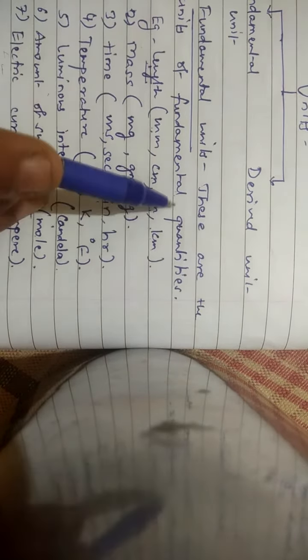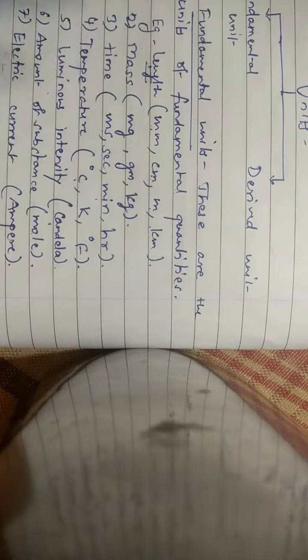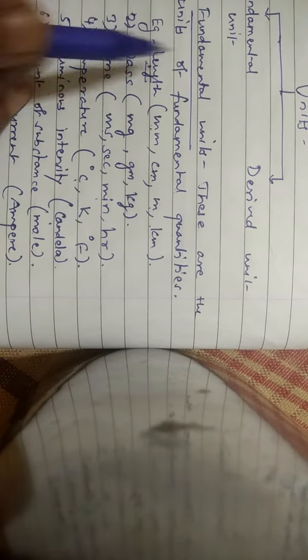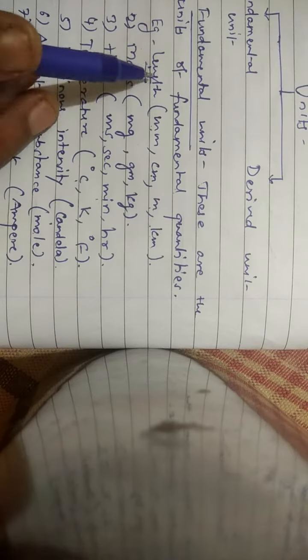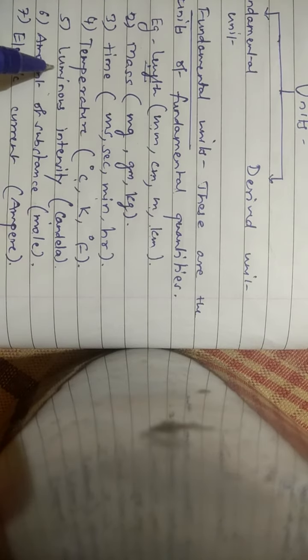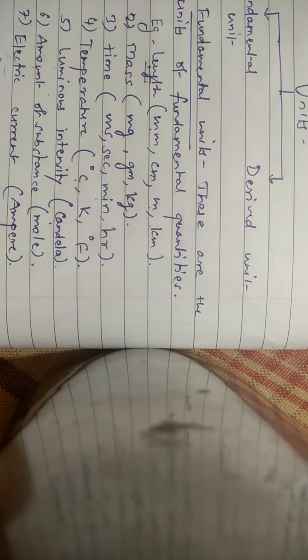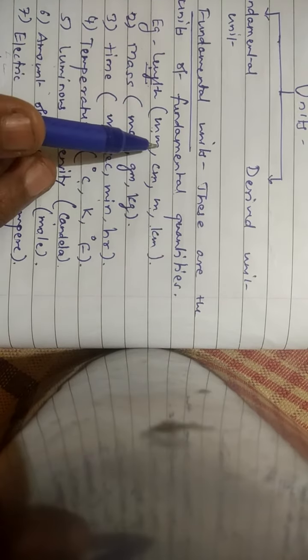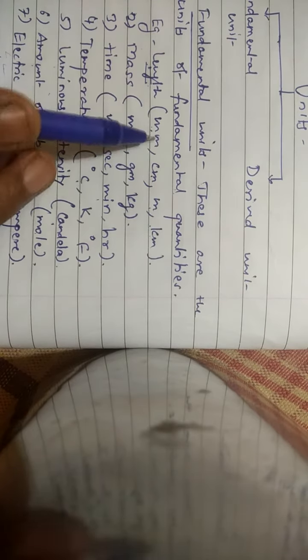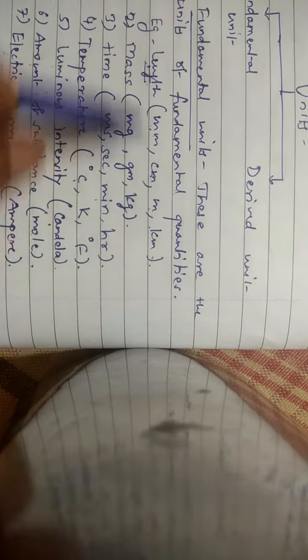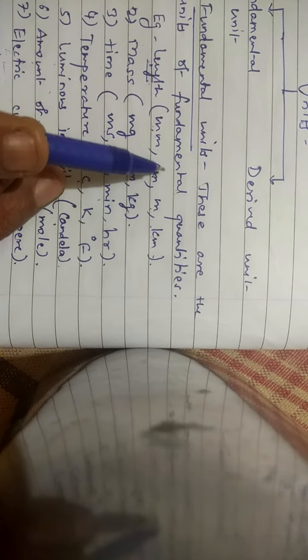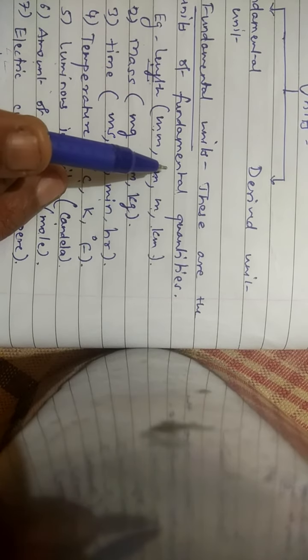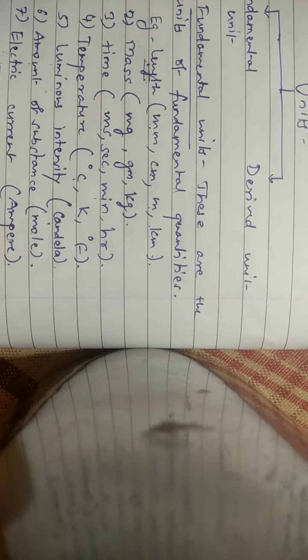Likewise, you have 7 fundamental quantities in nature: length, mass, time, temperature, luminous intensity, amount of substance, and electric current. The units of these quantities are written in bracket here. Length: millimeter, centimeter, meter, kilometer. So any unit of length is a fundamental unit. Any unit of a fundamental quantity can be termed a fundamental unit. It's as simple as that.